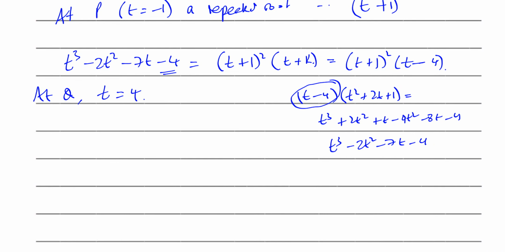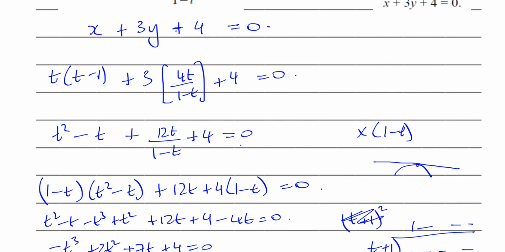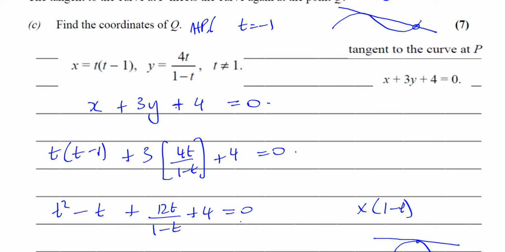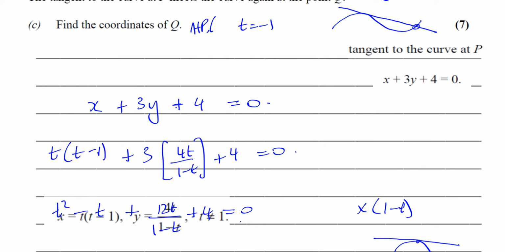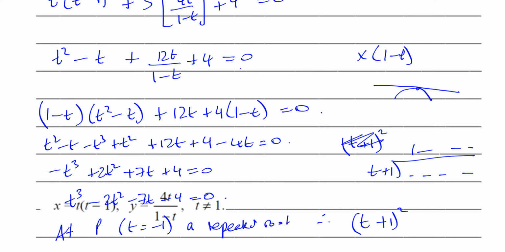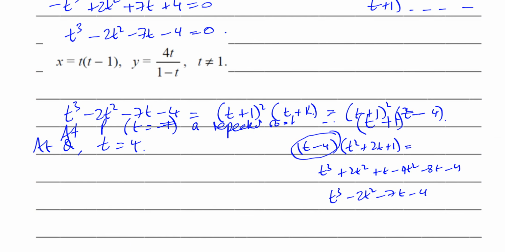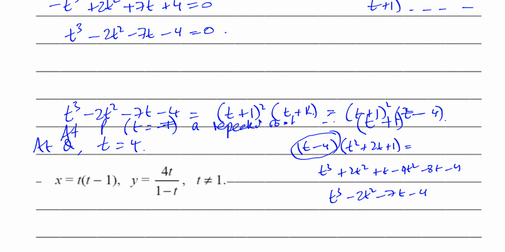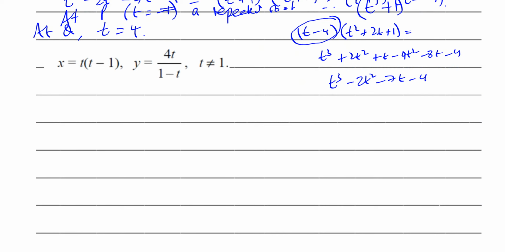Here we know that t is equal to 4, so we can go back to our original parametric equation. I'll bring it down so we can see what's happening. Now I can find the coordinates of Q by simply putting t as 4.